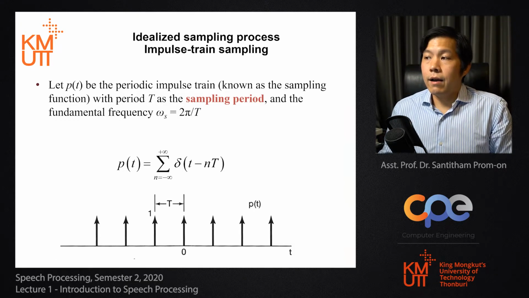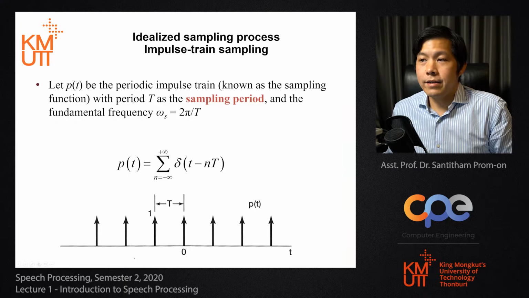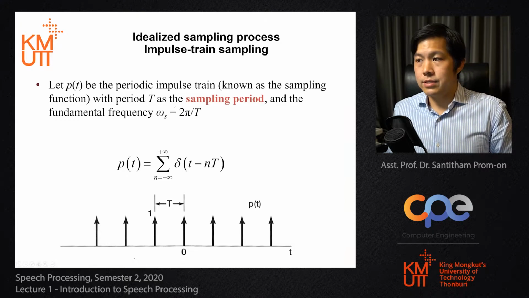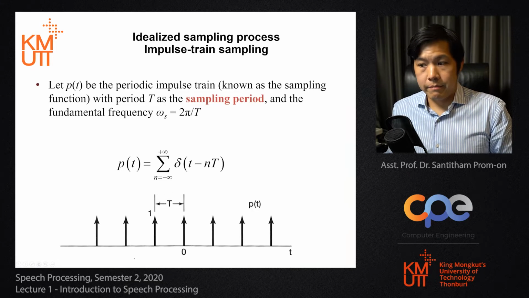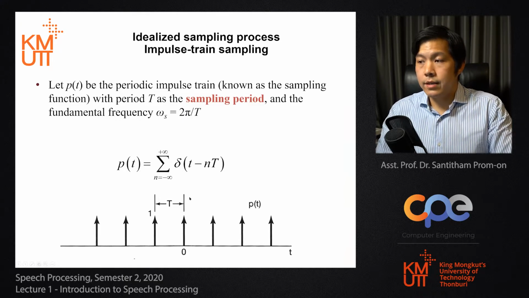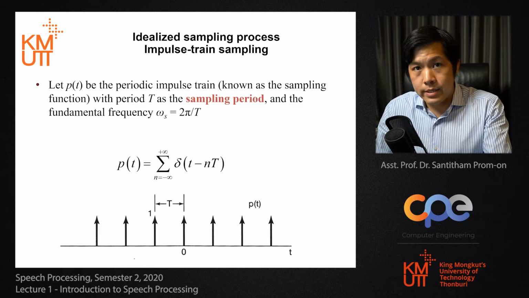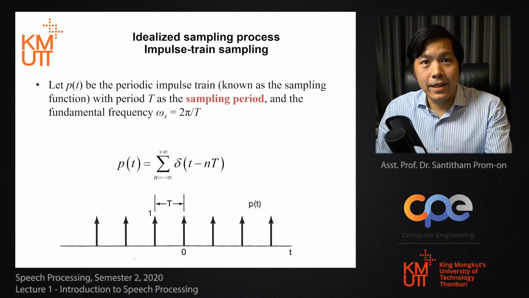p(t) would have the thing that is called the period. We call this the sampling period, which is the space, or I would say the time, between the two peaks here. This is called the sampling period. This is inversely proportional to the sampling frequency that we set in the audio interface.